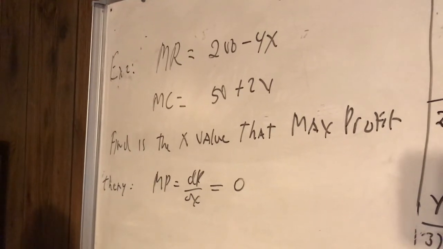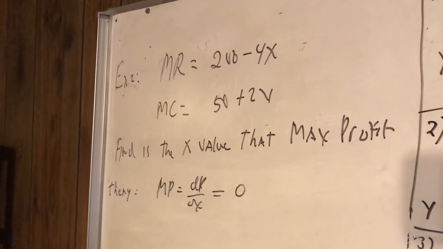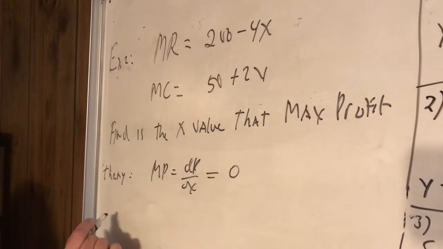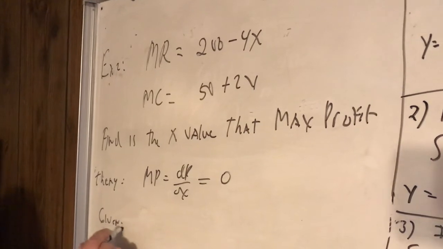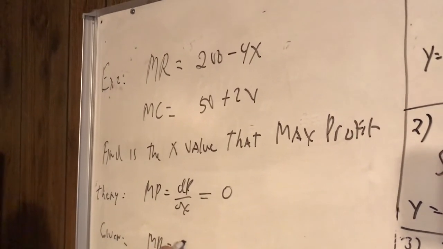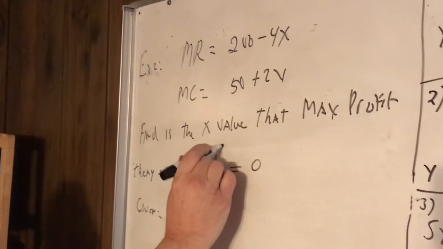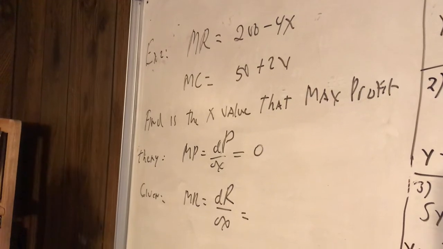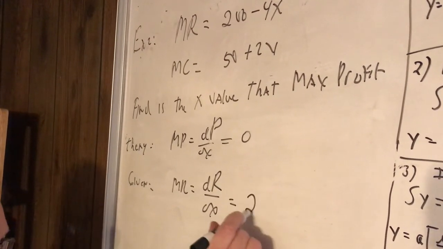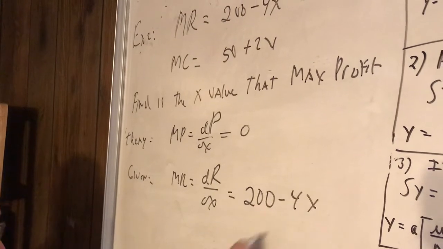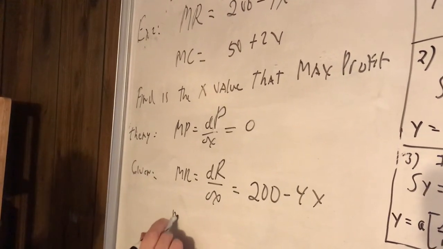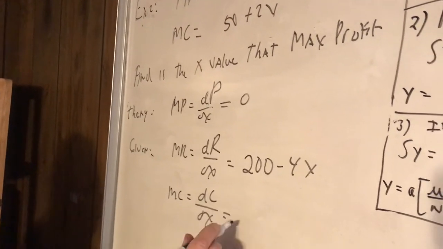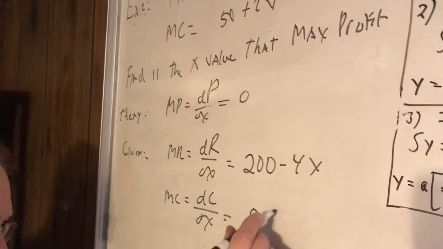So how would you find marginal profit given marginal revenue? Marginal revenue is dR/dx equals 200 minus 4x, and MC, marginal cost, is dC/dx equals 50 plus 2x.